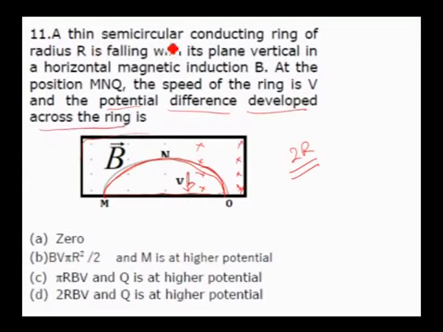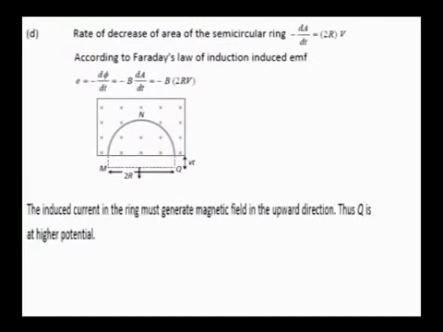Question is, what is the potential difference developed across the ring? A thin semicircular conducting ring of radius r is falling with its plane vertical in a horizontal magnetic induction at the position M and Q. The speed of the ring is v, and the potential difference developed across the ring. So, the trick question, the actual area it describes is 2r into v.